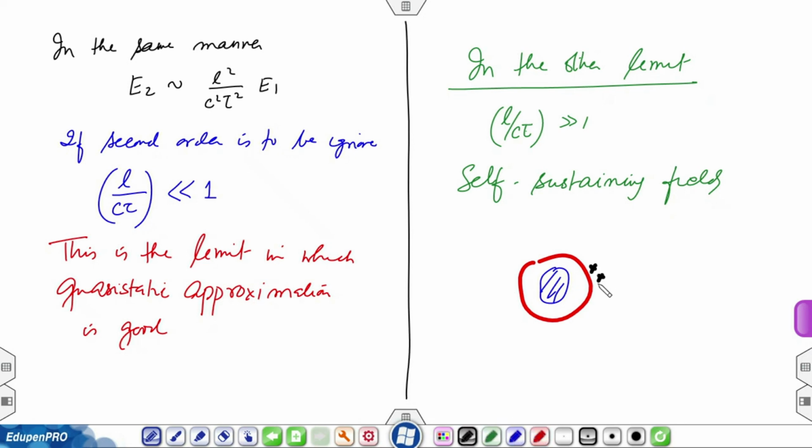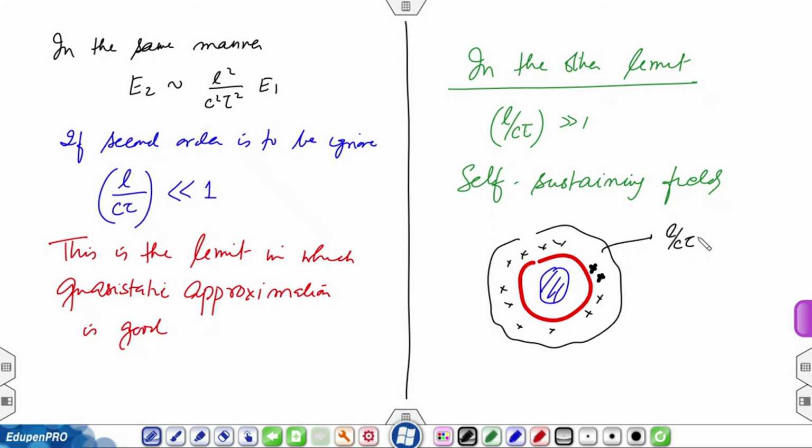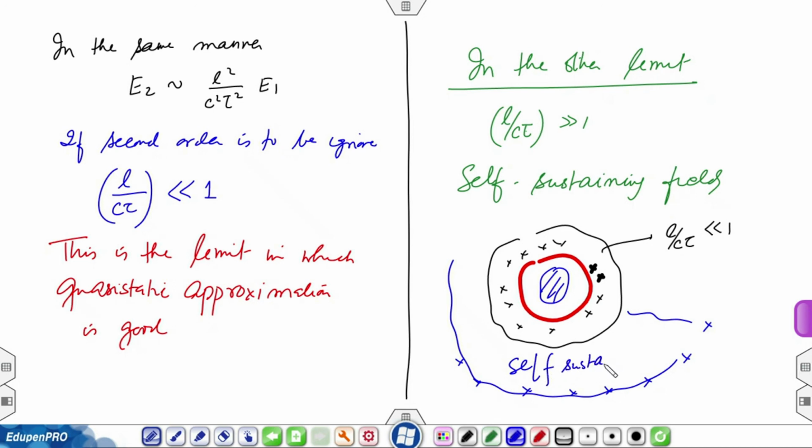Then close by, in some region where L over c tau is much less than 1, I can apply quasi-static approximation or Biot-Savart law or whatever. And then when you go far away, really far away, in these regions there are self sustaining fields. That means E and B are changing and they are sustaining each other.